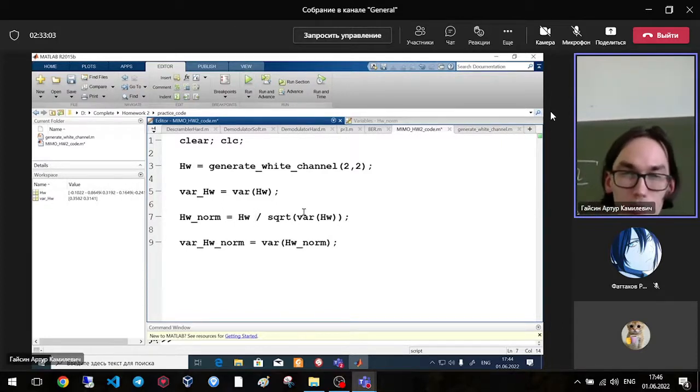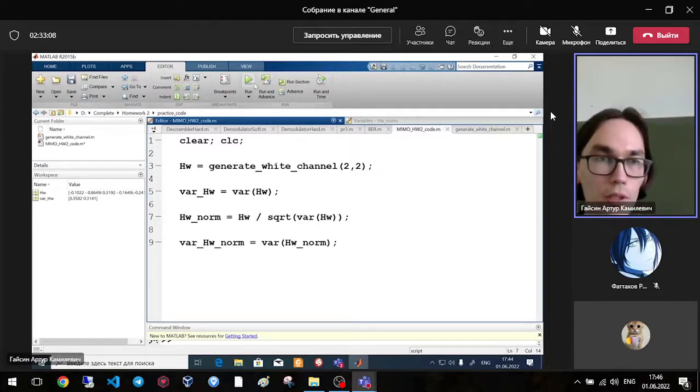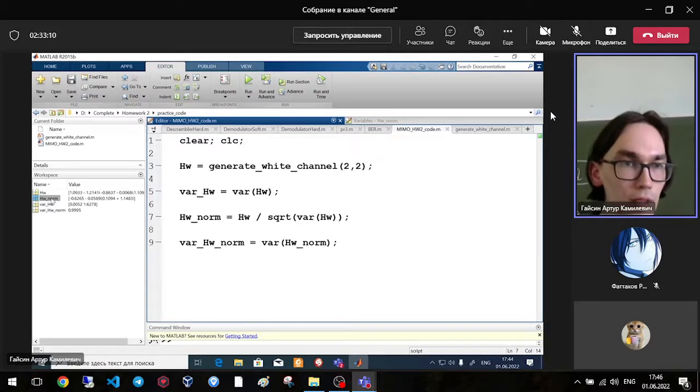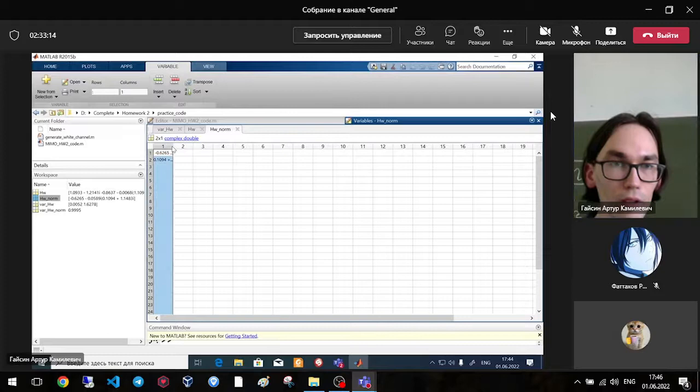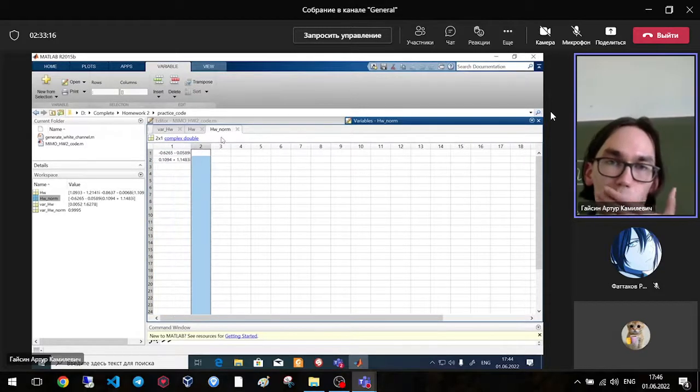So what can we do here? If we divide it like this, we'll have a matrix of size 2 by 1. It's not right in this case.